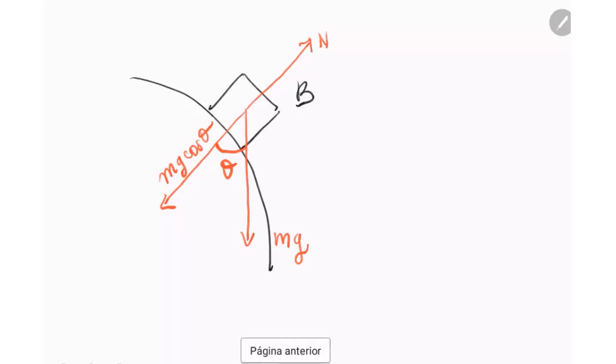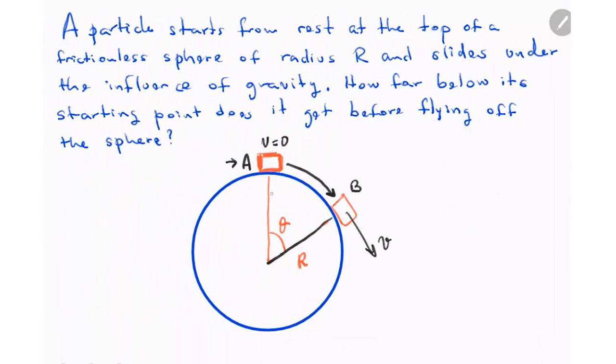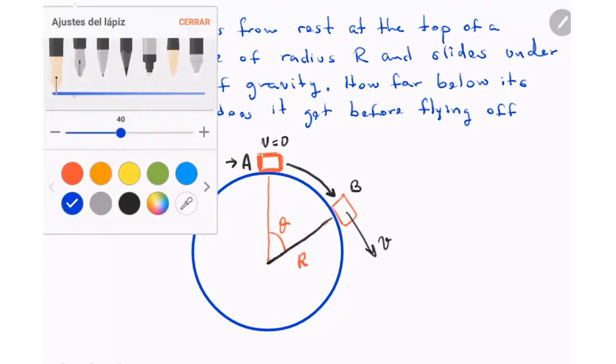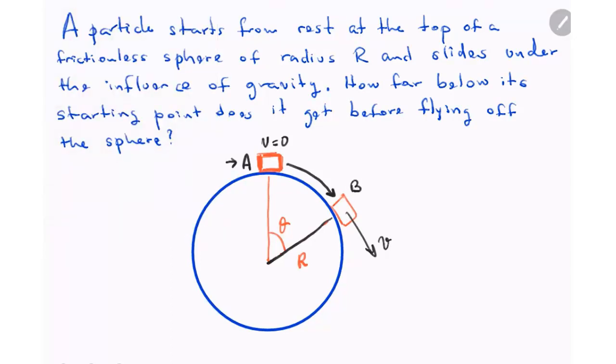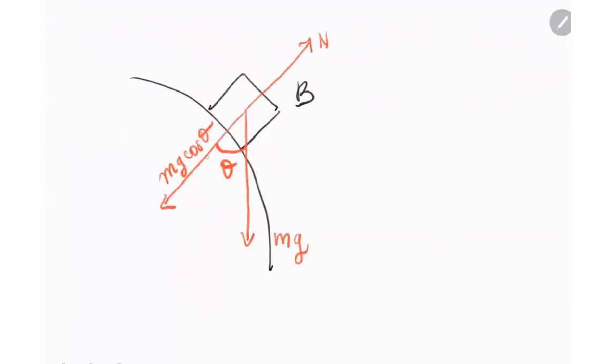If we come back here to the initial figure, we will see that if I draw these forces real quick over here, the weight mg, this component would be mg cosine of theta, because this angle here is theta by the geometry of the problem. That's why we have this angle theta here.